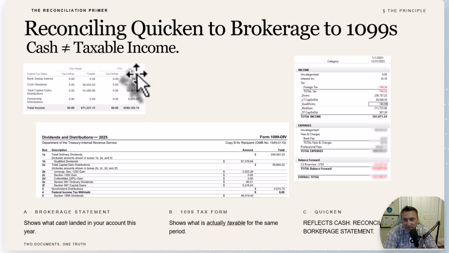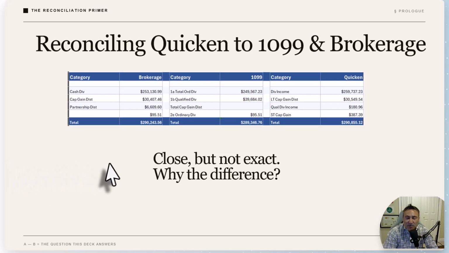If you'll notice in the top right-hand corner, we have bank sweep interest of 3510, which agrees beautifully to our Quicken data. Interest is usually the easiest to tie out. But then we have other things, like why is the cash dividends of 253 different to 249 versus 259? These are all different. We put this on a spreadsheet so that we could look at it with a little more clarity.